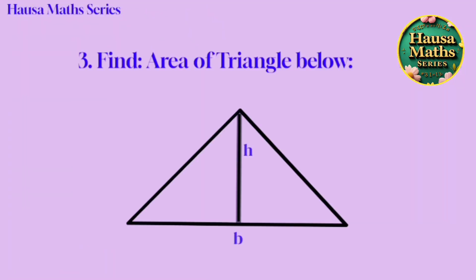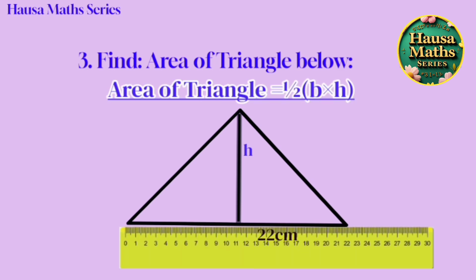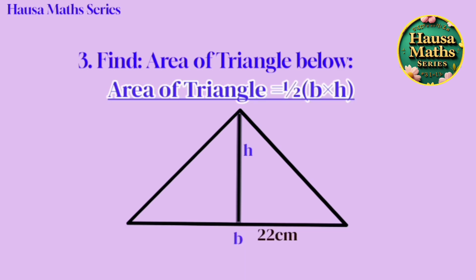Next one we have number 3. Find area of triangle below. We already know the formula for finding the area of triangle, which is base times height divided by 2, meaning 1 over 2 multiplied by base times height. Before we move to the solution, we need to measure the base, which is 22 centimeter, and the height is 11 centimeter.